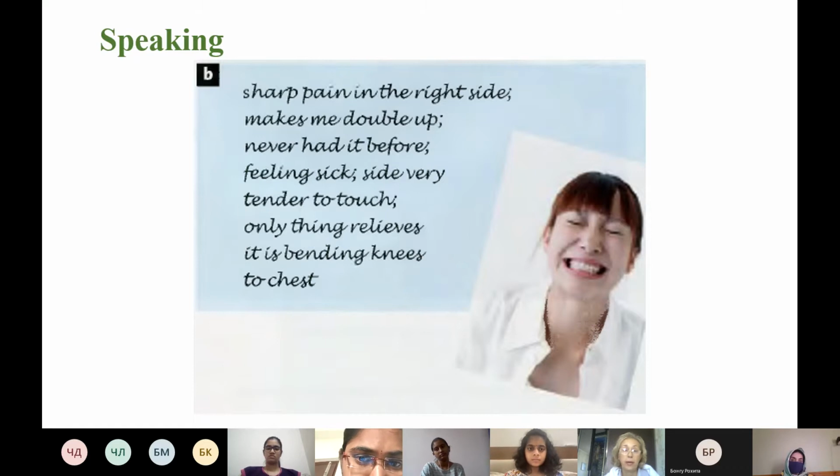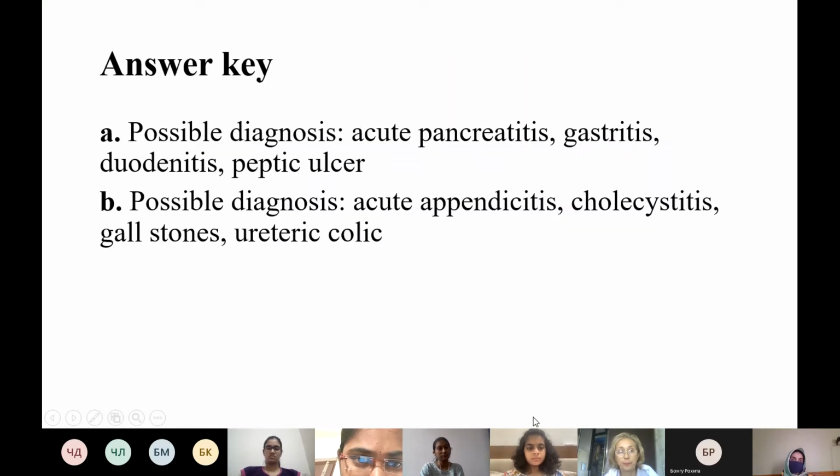Okay, and here are the possible diagnoses. So this is acute pancreatitis, gastritis, duodenitis, or peptic ulcer.